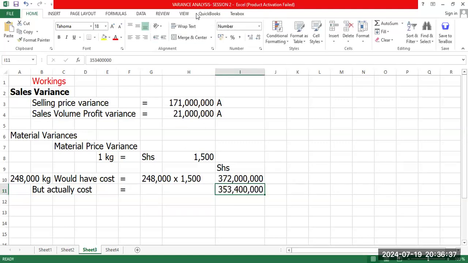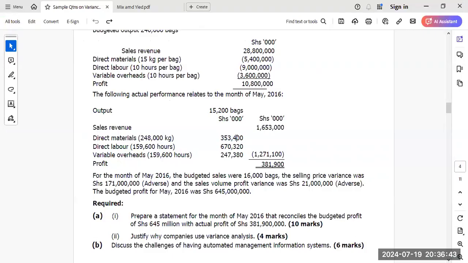Because the figure given here is not on a per bag basis, it is the overall figure for direct materials. This is the overall actual direct materials they incurred to produce the actual output, which is this one.